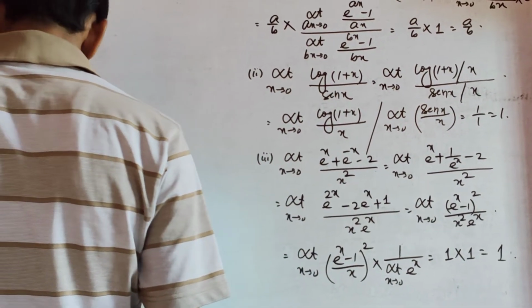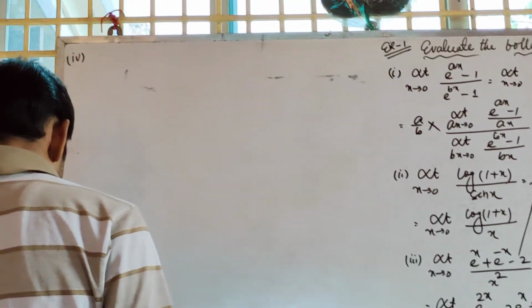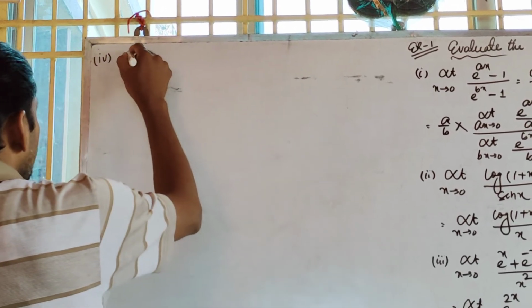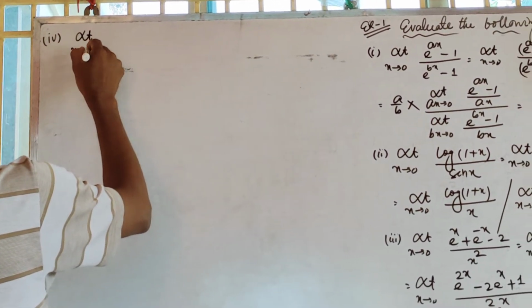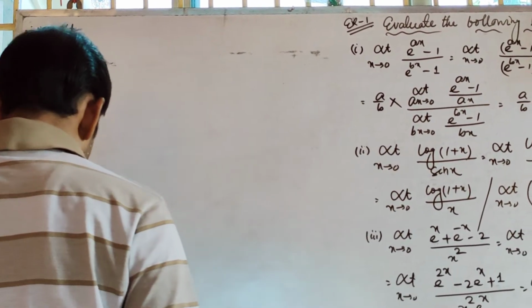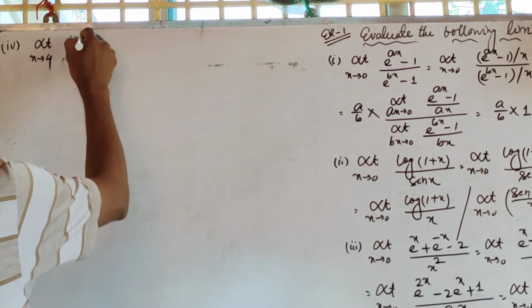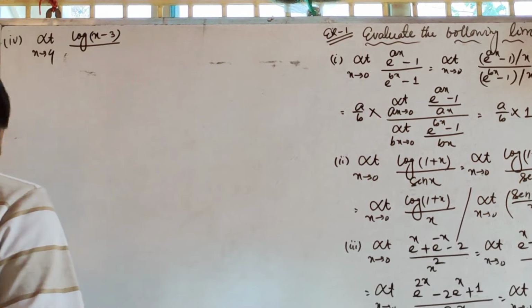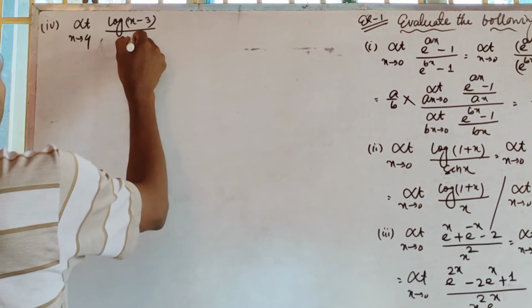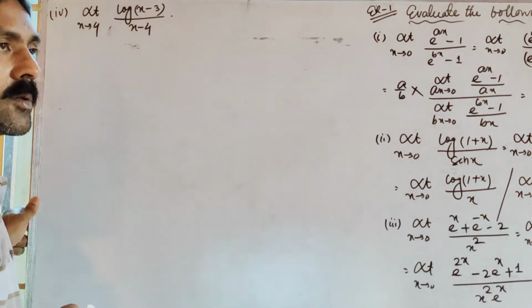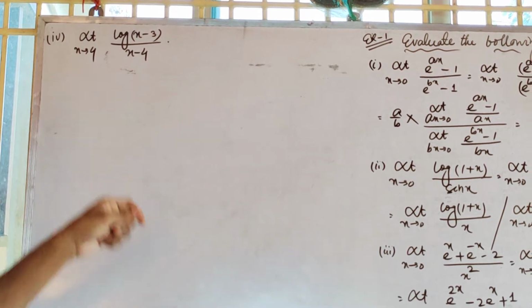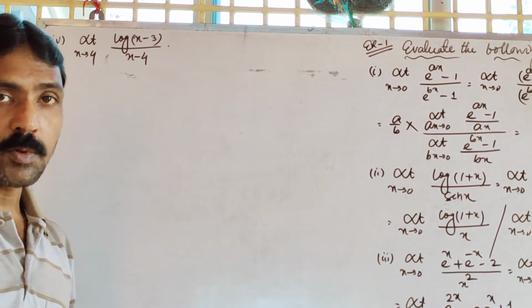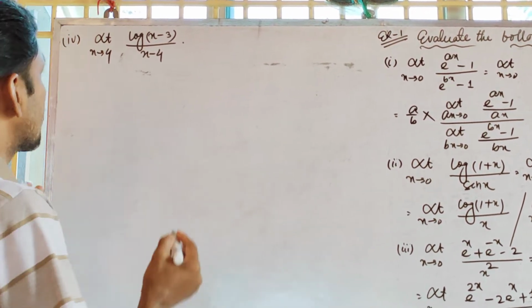Here, then next number is limit x tends to 4, log(x minus 3) by (x minus 4). Now this question we will solve by the h method or substitution. Now what is substitution?